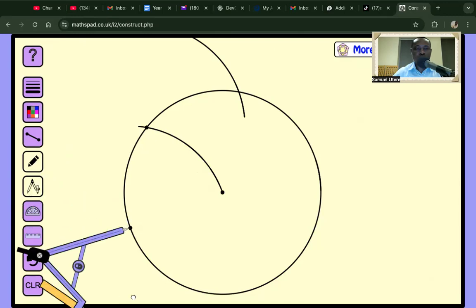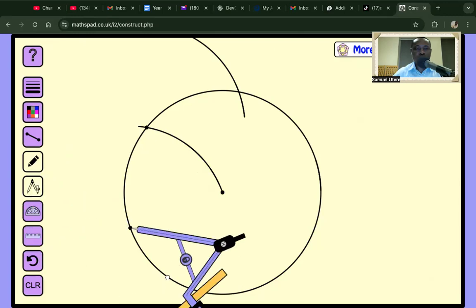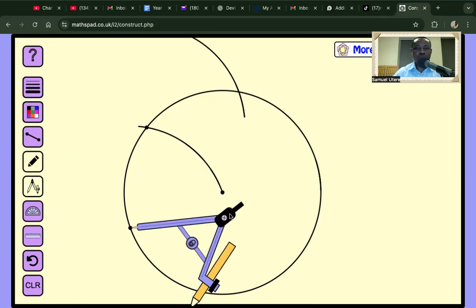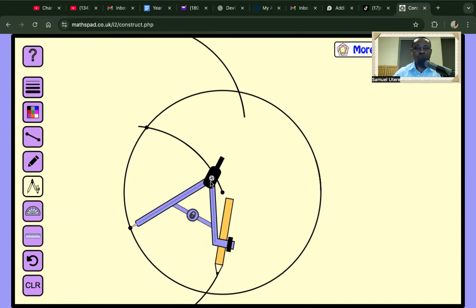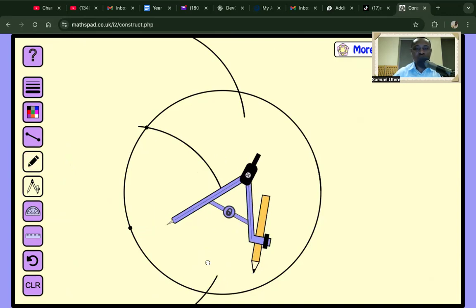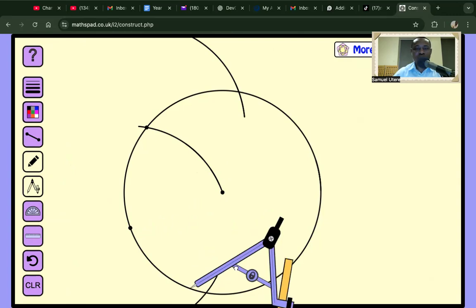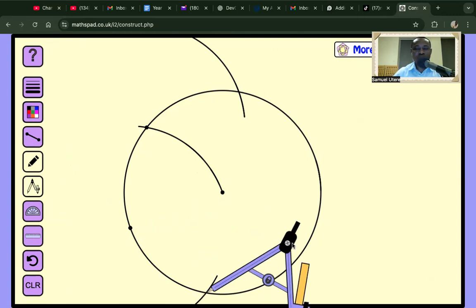Let's draw another arc here. So if you were doing this on paper, you would be finished before me by now, because this is using a construction tool online. This is why it's taking a while.